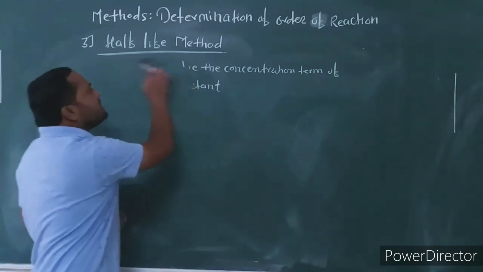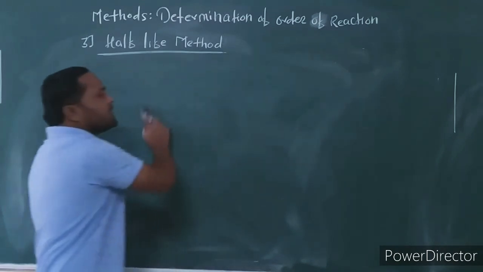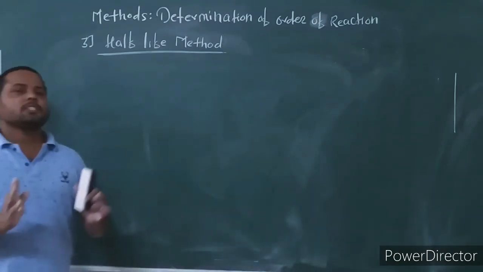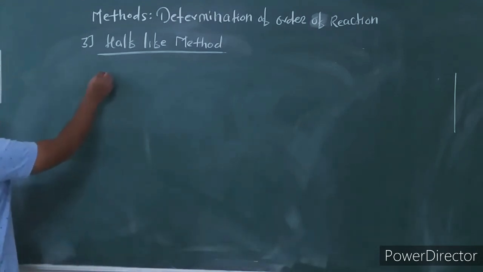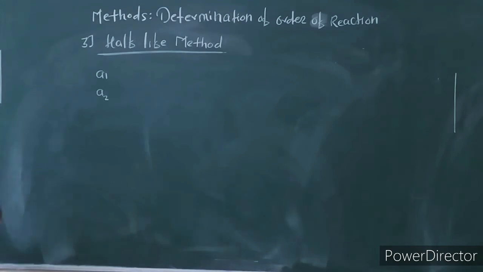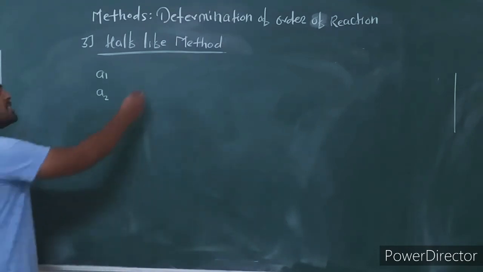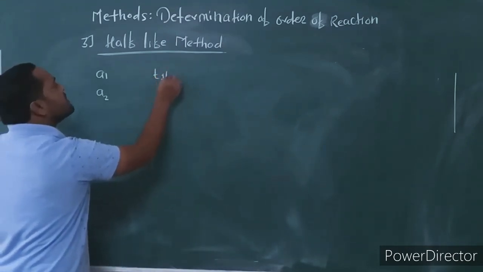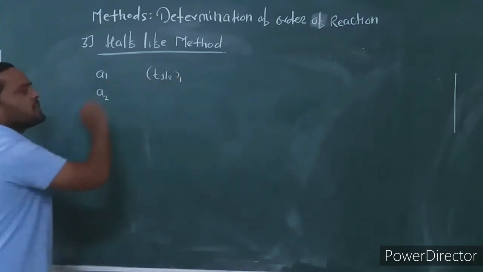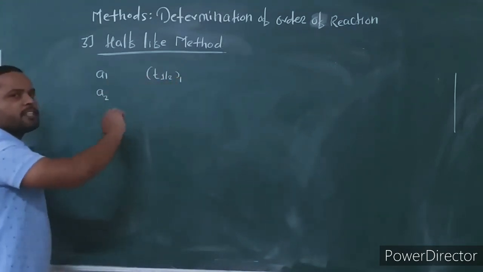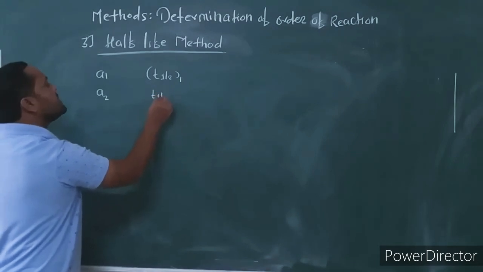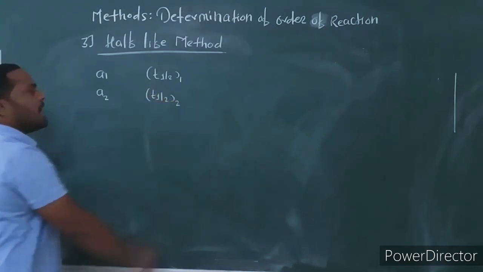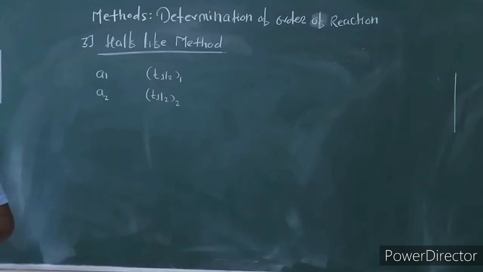Then how do we determine the order of reaction with the help of this method? In this method, two different initial concentrations, A1 and A2, are taken for the same reactant in the same reaction, and at these two initial concentrations the half-life periods are determined. At initial concentration A1 the half-life period is T half, and at initial concentration A2 the half-life period T half is measured.